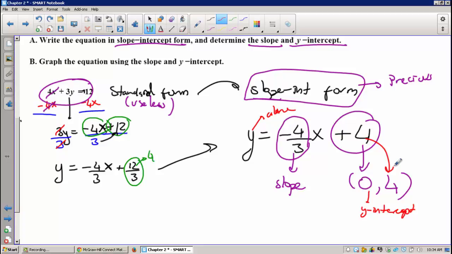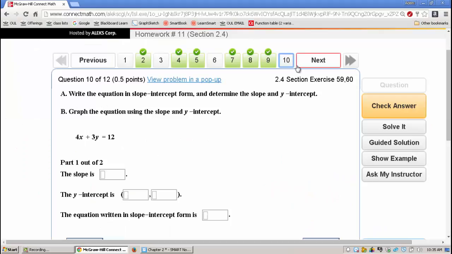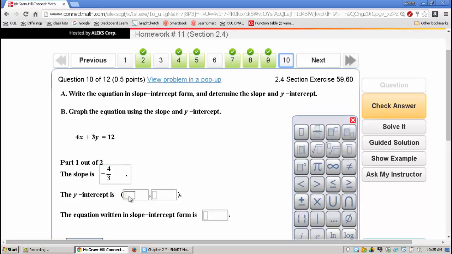Any questions? Which question was this? 10? Slope is negative 4 over 3. Y-intercept is 0, 4.